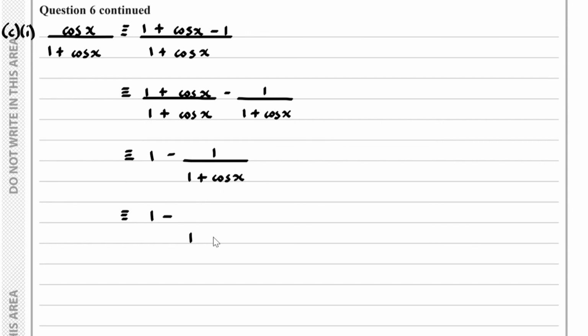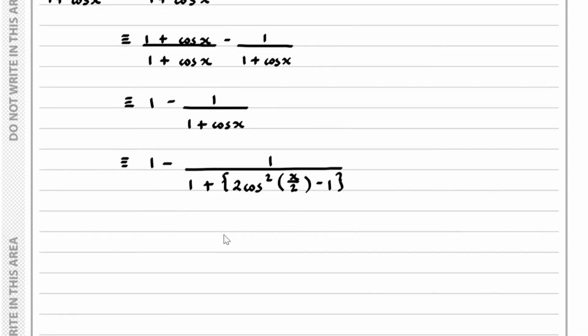In the denominator here we've got 1 plus, and the cos x I'm going to replace with 2 times the cosine of x over 2 squared minus 1. And then here I've got the 1. So the 1 and the minus 1 simplify to 0.